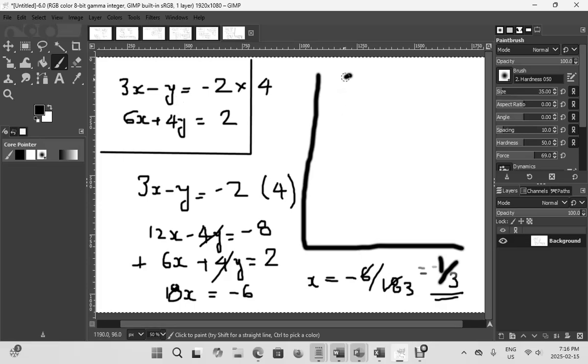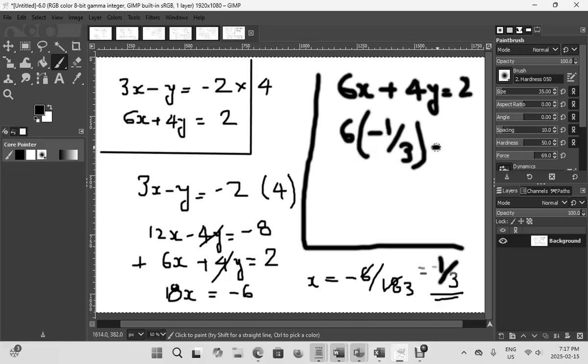So we know that 6x plus 4y equals 2, which basically means that 6 into negative 1/3 plus 4y equals 2.